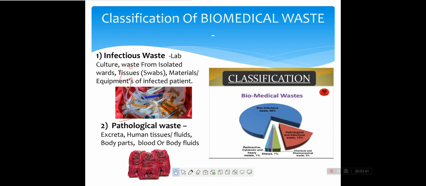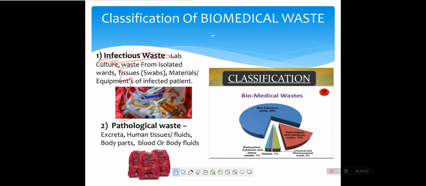As you can see, the infectious waste includes lab cultures, isolated wards, tissues, swabs, materials and equipment of the infected patient. As you can see in the diagram, there are some swabs also seen.